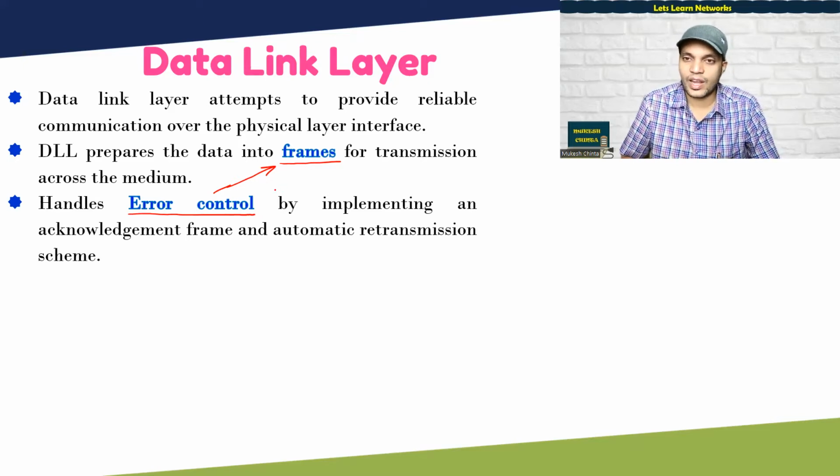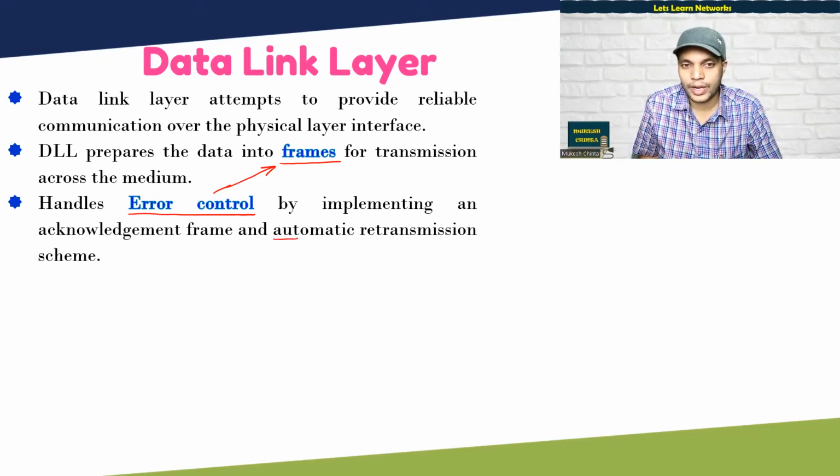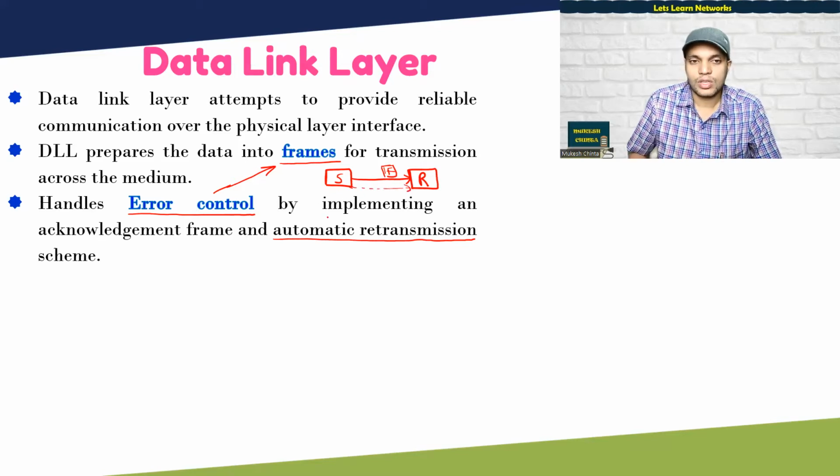And in case any errors happen during transmission, you have to implement automatic retransmission. What this means is, if a sender has sent a frame to the receiver, and that particular frame contains errors, then the lack of an acknowledgement means the sender should retransmit that frame again. In this way error control is handled by the data link layer.